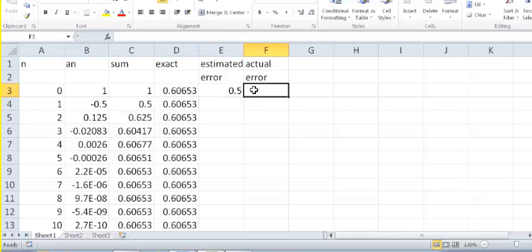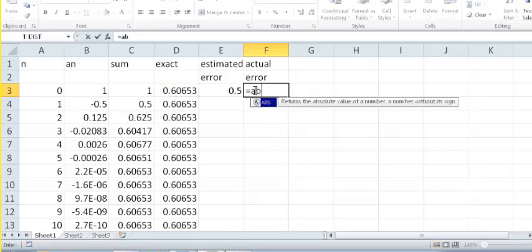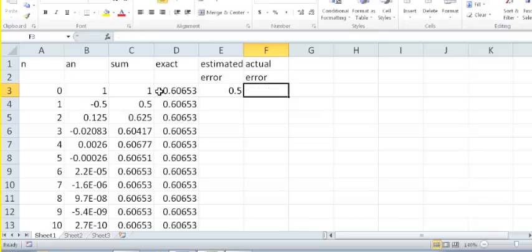And the actual error is going to be this value, and we're going to take the absolute value of this minus that.